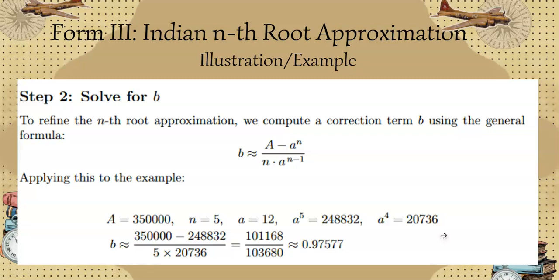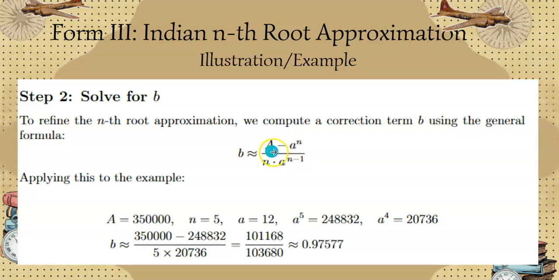Now, to estimate the decimal part, we consider the formula for the first order correction b. So b is approximately equal to (A minus a raised to the n) all over n times a to the lower degree n minus 1. So we will compute b in the next step. So computing for b. Now, take note that the first order correction b has a dimension that resembles the Newton-Raphson method.